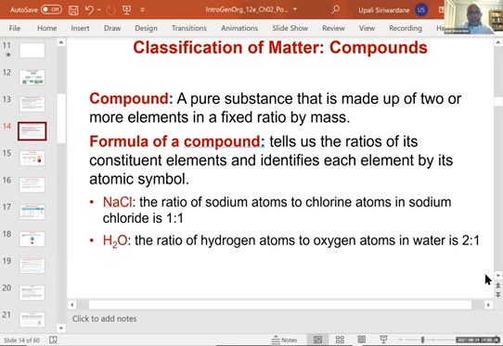Sodium chloride has one sodium ion and one chloride ion. It's an ionic compound. The ratio of sodium ions to chloride ions is 1:1. Compounds could be covalent or ionic. Water is a covalent compound with 2 hydrogen atoms bonded to oxygen.